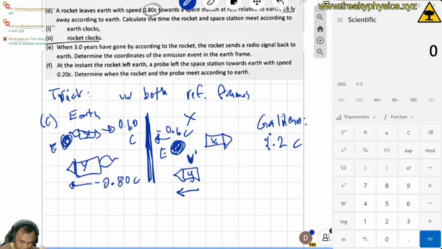And we do know in relativity that this is impossible. This is faster than light speed.